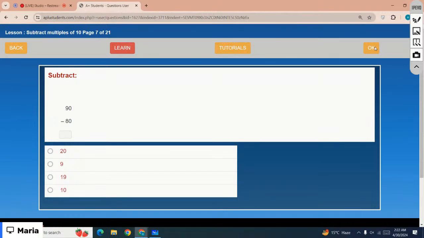The correct option is 90 minus 80 equals, very good, 10 it is. The last one is the correct option.